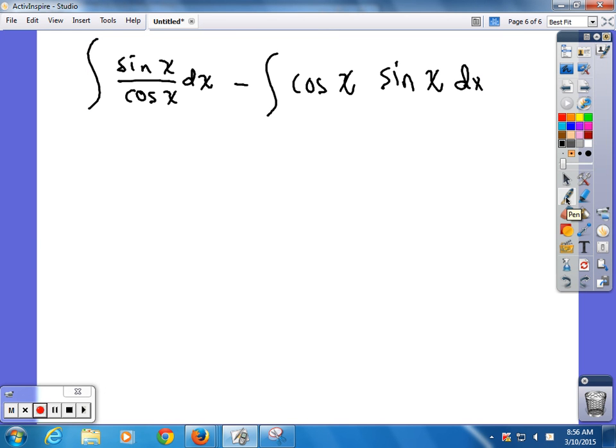Now what do you have? That u equals the cosine, and if u is equal to the cosine of x, what's du? Negative sine of x. So we know, again, we need to take our red marker, and that'll put a negative out here and a positive here.